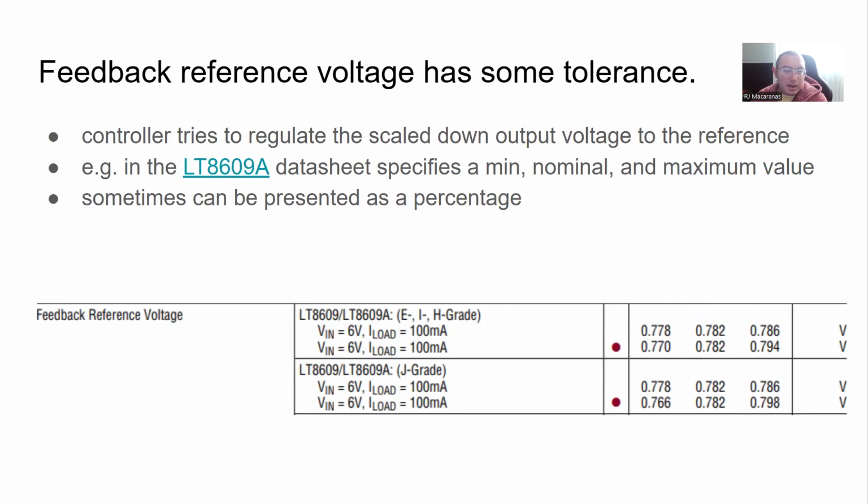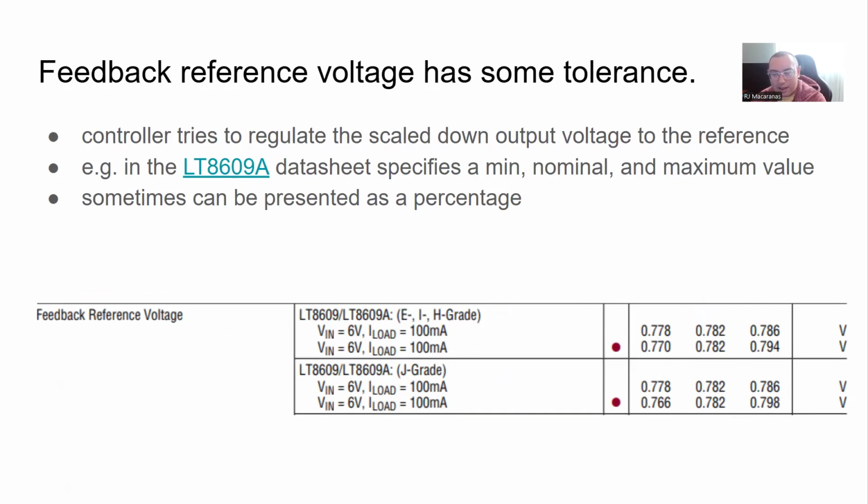And so next up, the feedback reference voltage. These will always have some amount of tolerance as well. As a reminder, what this feedback reference voltage is doing is it's serving as a reference point for regulation, right? So we take our output voltage and we scale it down by using some resistor network, a voltage divider network.